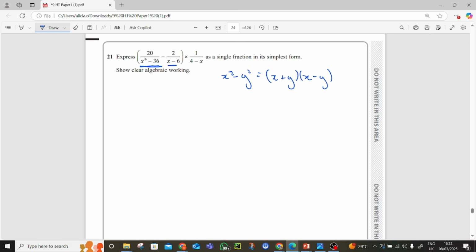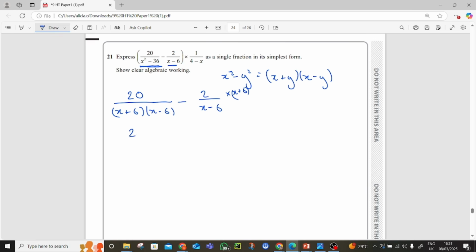And I'm going to use that again on this x squared minus 36. So this is 20 over (x plus 6)(x minus 6), and then I have minus 2 over x minus 6. Now I need to get them over a common denominator. If I take this second fraction and multiply the top and the bottom by x plus 6, I will have the denominators being exactly the same.